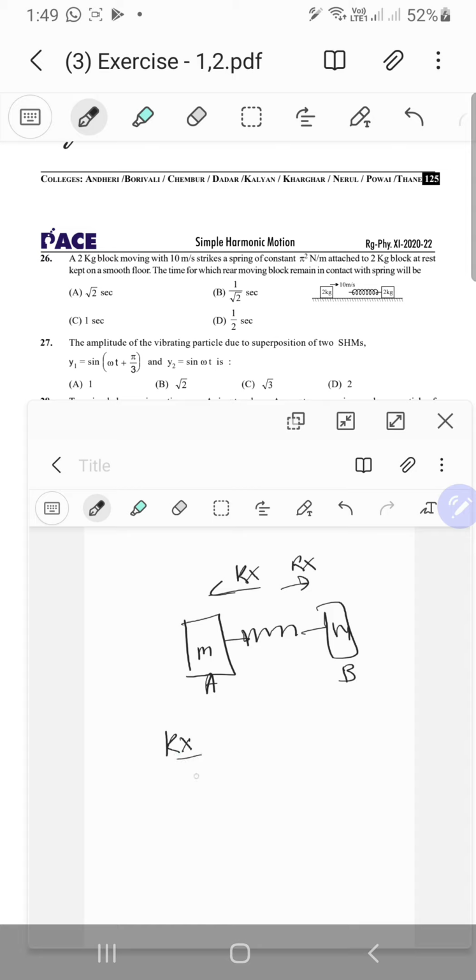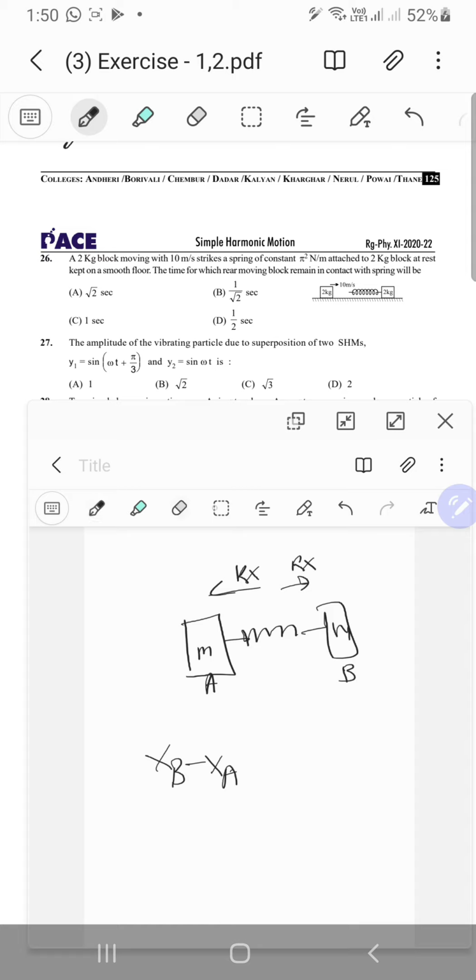This has acceleration kx, where x is the position of b with respect to the origin, minus x a, that should be the length of the spring.